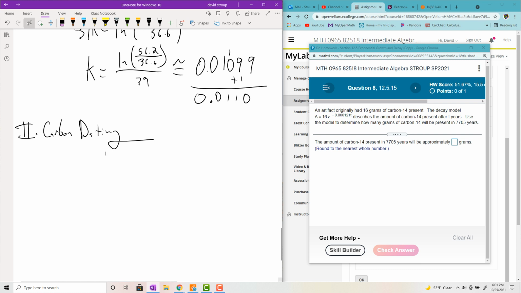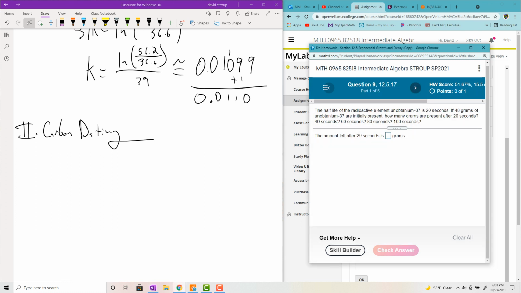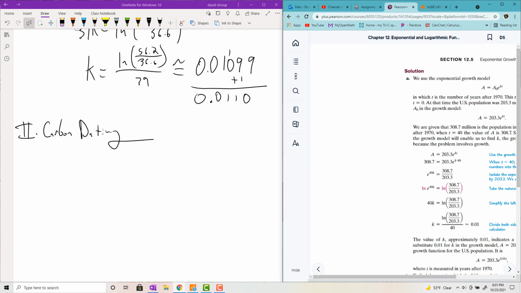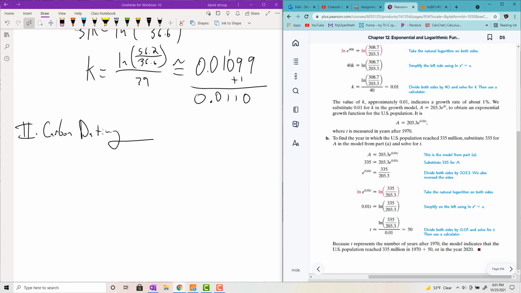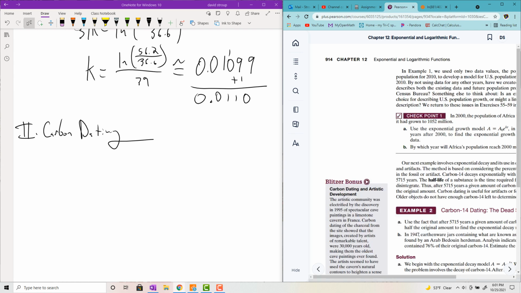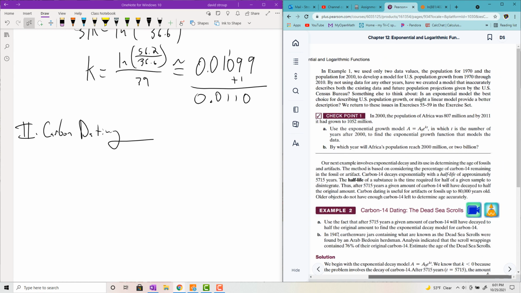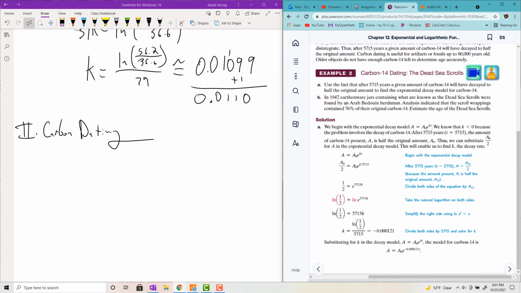They kind of skirted the issue in this problem and give you the formula. In the book, they're going to generate the formula for you. But in general, in a real problem, you would have to figure out the formula yourself using the half-life. So maybe I should hit example 2 here.